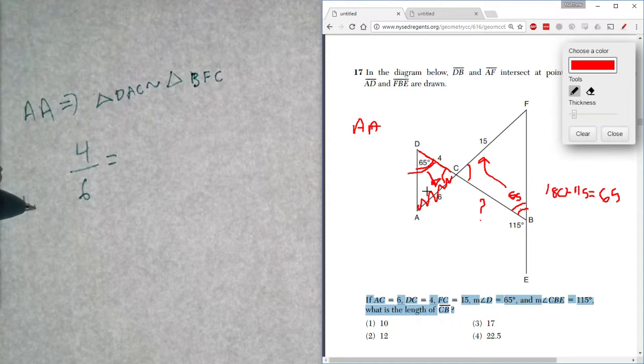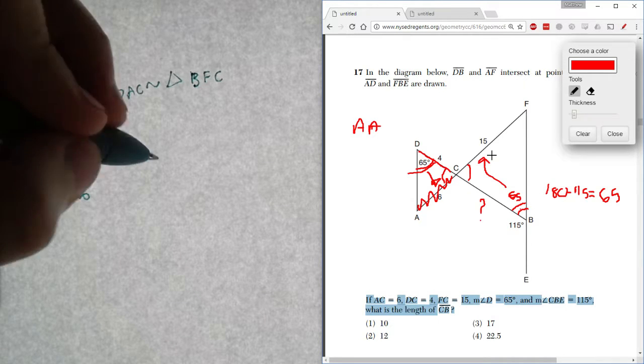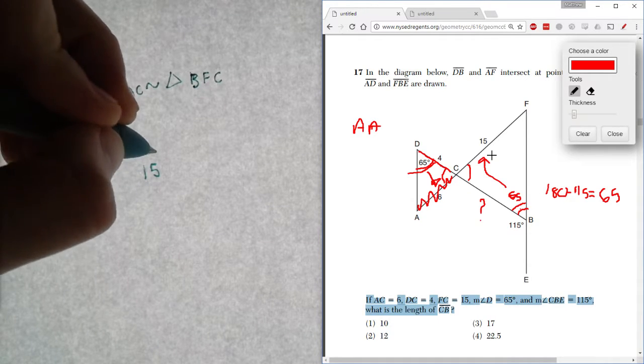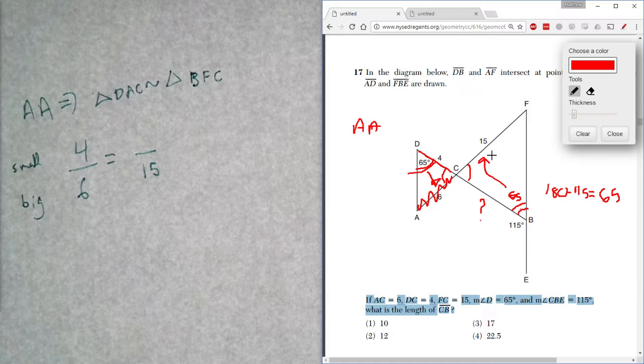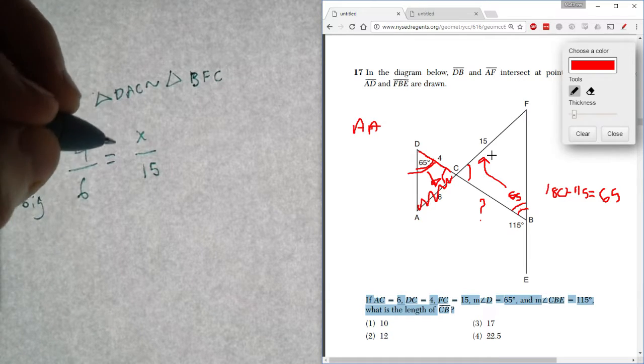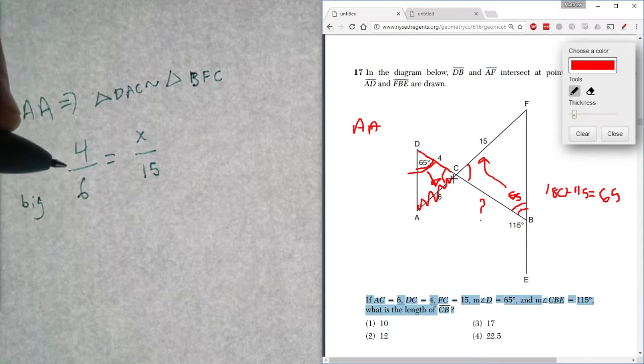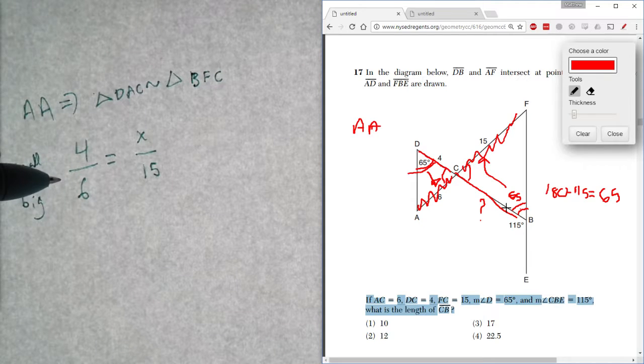This was my bigger side. This was my smaller side. So opposite from my 65 is 15. That's why I'm going to put 15 on the bottom here. And then I have some variable, x, on the top, because this corresponds with the 4 over there. Straight line with straight line. And now we can do the algebra.